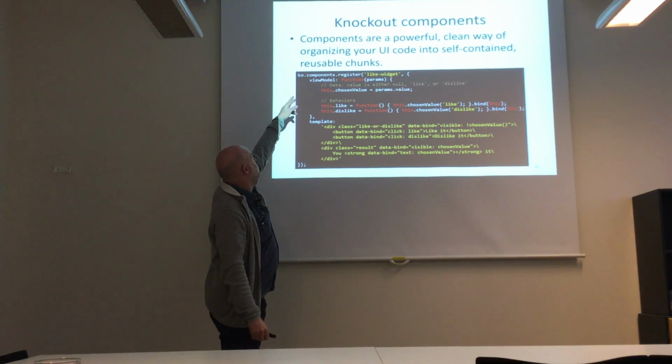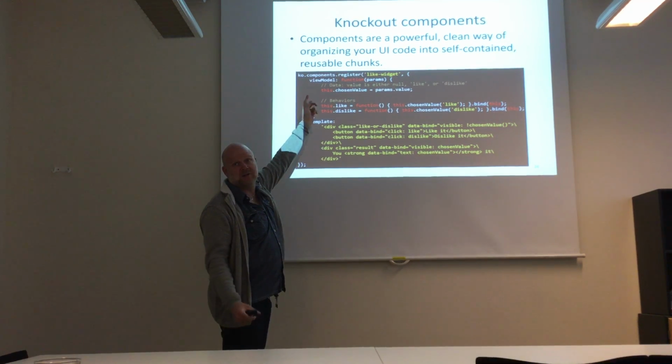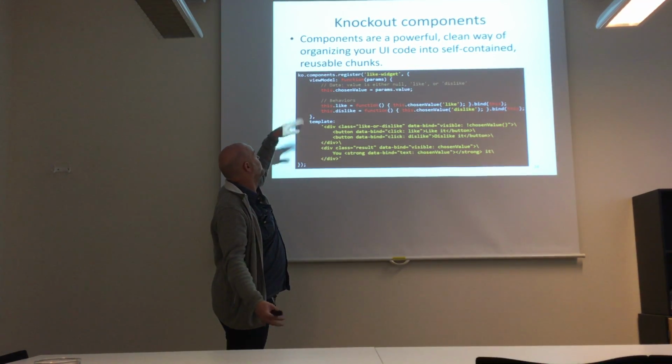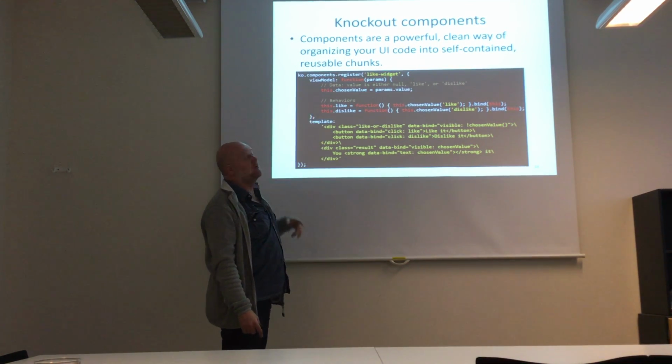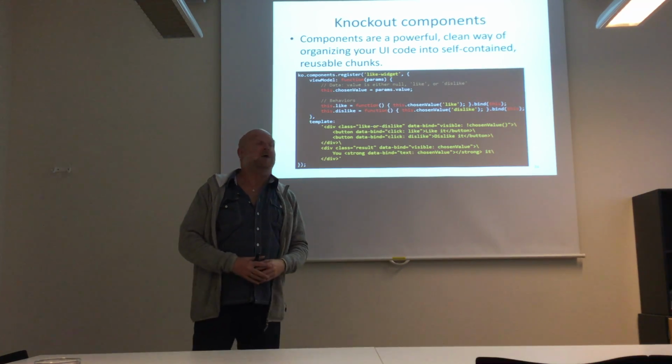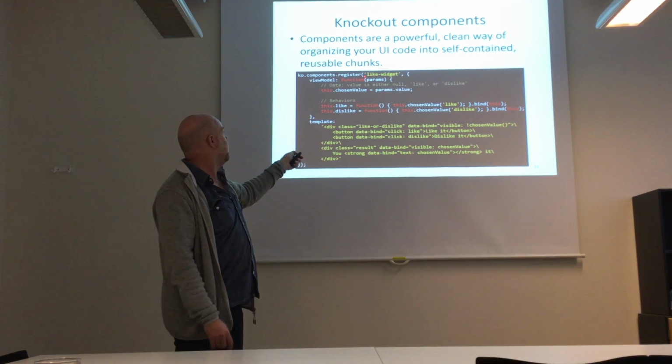So what you do is, on knockout you have an attribute called components. It's not an array, but it's the components of knockout, and then you can register new components. When you do that, you give it a name here. Then you can use this name in a tag.